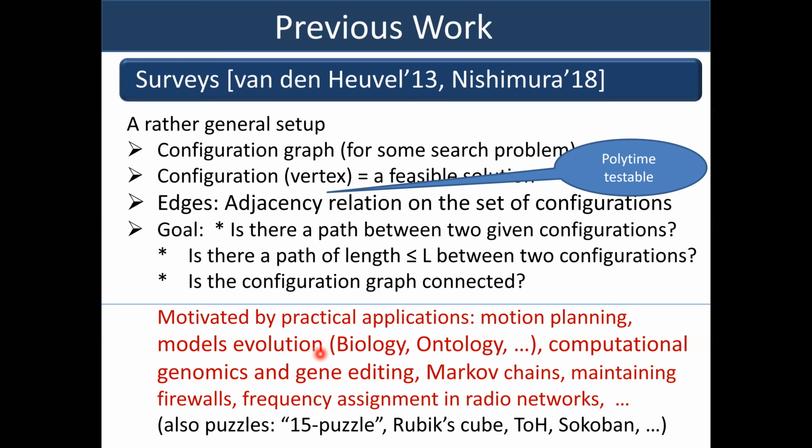There are applications to Markov chains, and in other practical applications, broadly speaking. But also from a more theoretic perspective, most of the combinatorial games and puzzles that you can think of can be cast naturally as reconfiguration problems.